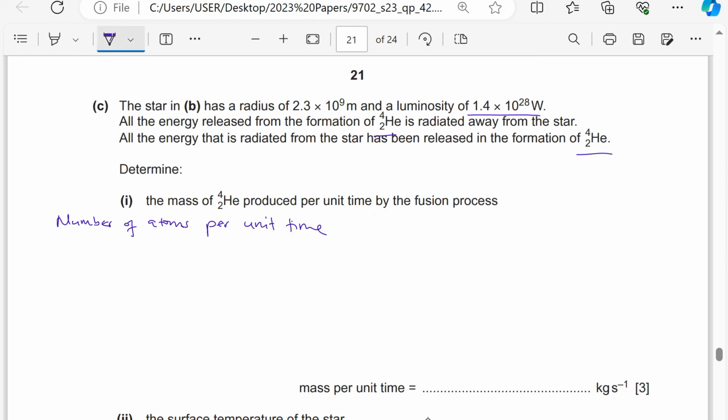How do you find number of atoms? Remember, number of moles is mass over molar mass, which is number of atoms divided by Avogadro's number.